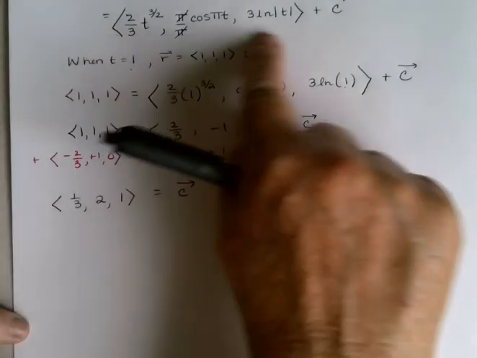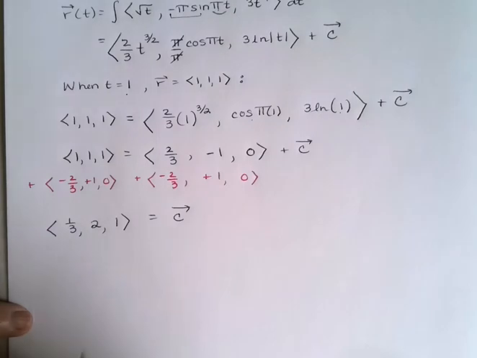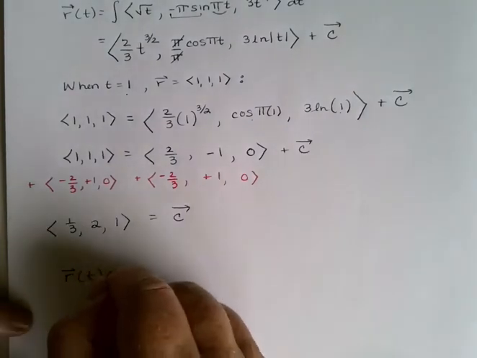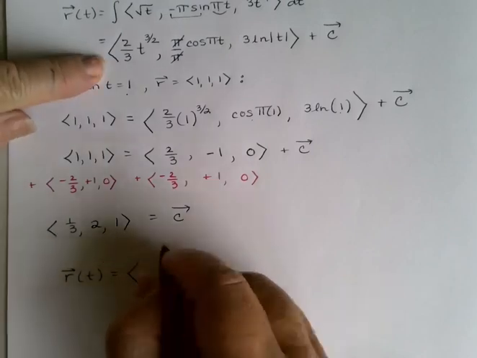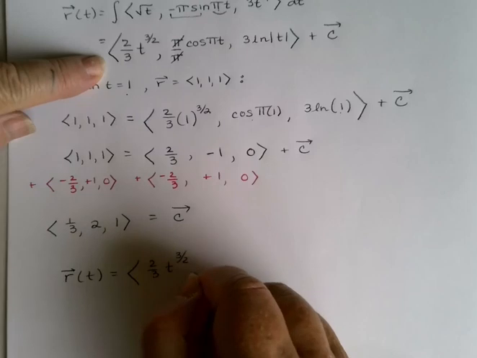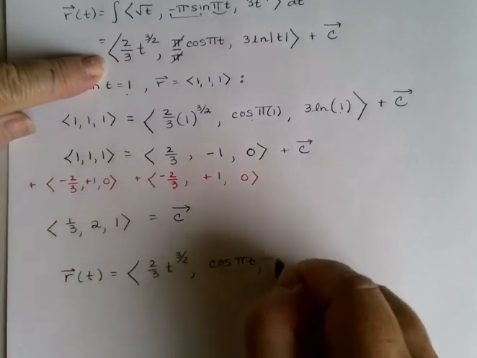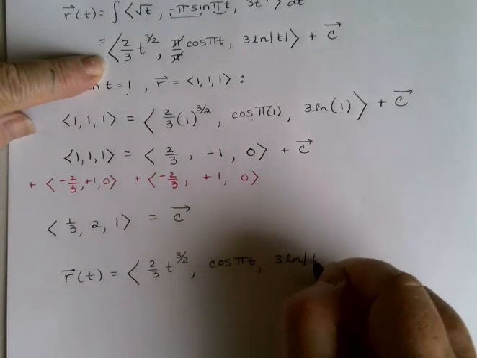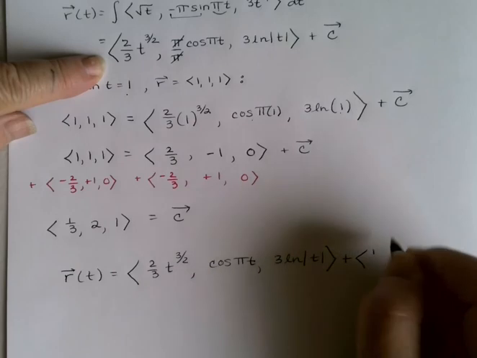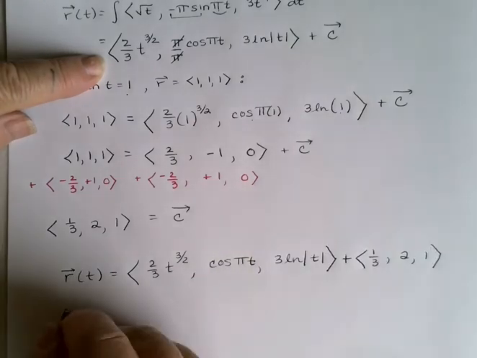And if I plug that back in here, I can now write a form of r of t that does not have an unknown c value. So I already had 2/3 t to the 3/2, cosine pi t, 3 natural log t, plus what I now know is the c, 1/3, 2, 1.